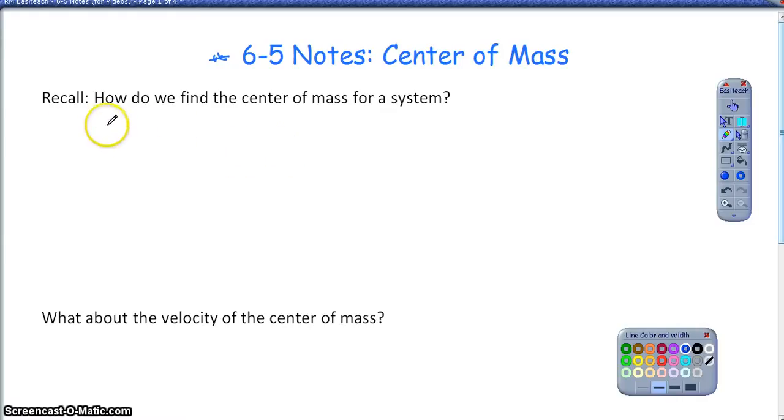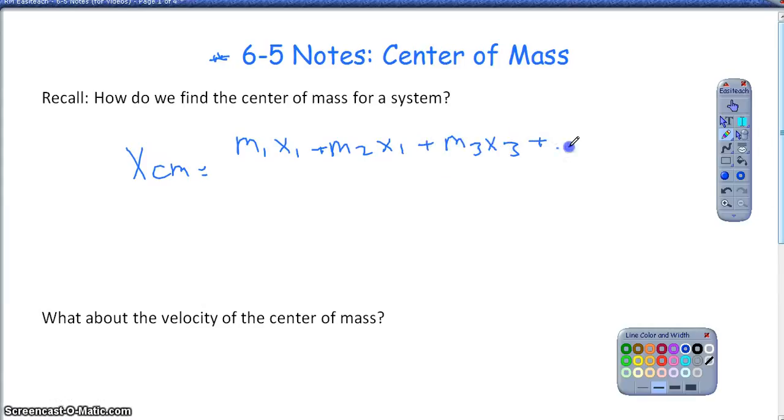But let's start by reviewing, how do we find the center of mass in general for a system? To find the center of mass, if we were doing this with a whole bunch of discrete objects, we would take each of these individual masses and multiply them by their specific positions and add them all up, and so on and so forth.